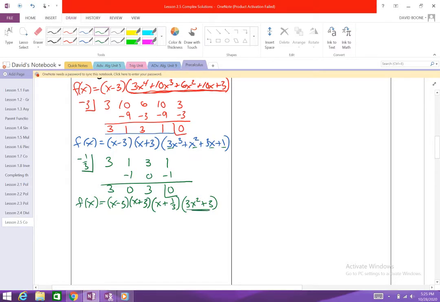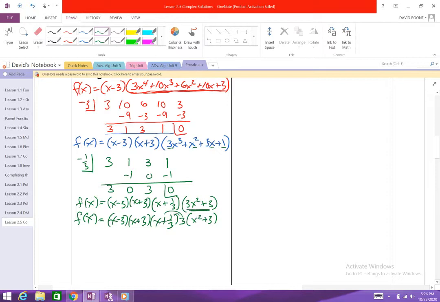Well, I should be able to factor this now with our skills from previous years. Certainly a 3 comes out of each of those. So I've got f of x equals x minus 3, x plus 3, x plus 1/3. Take that 3 out, and I'll be left with x squared plus 3.